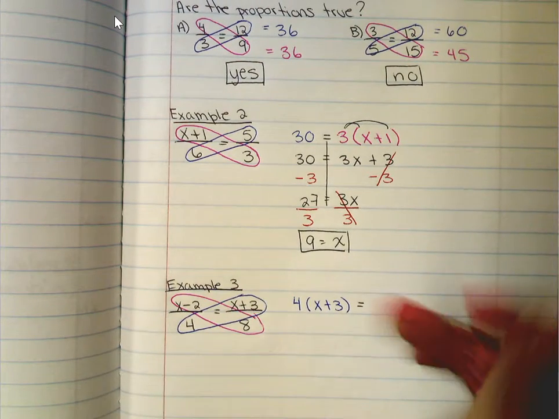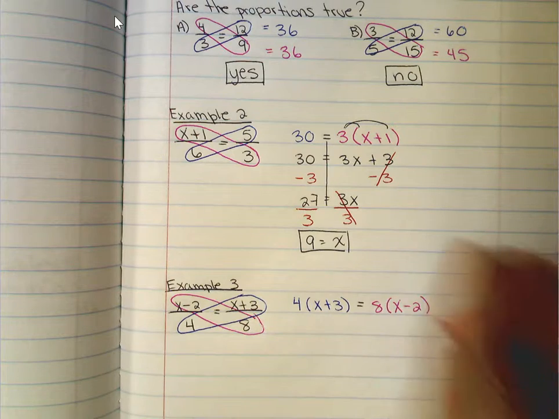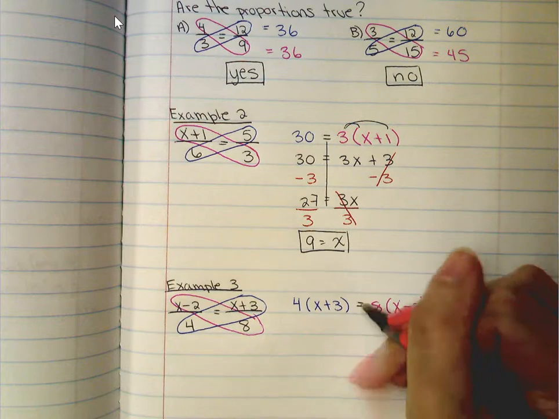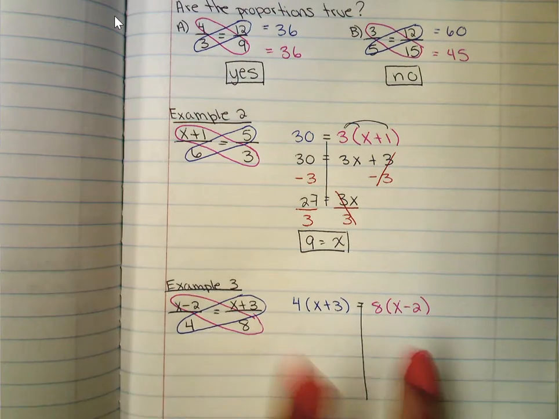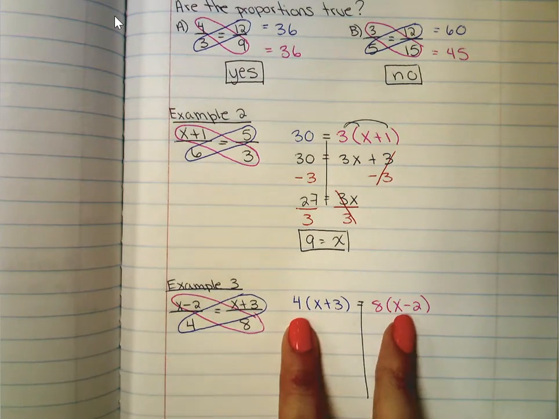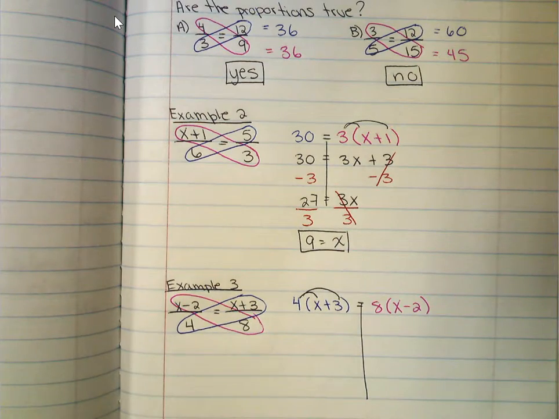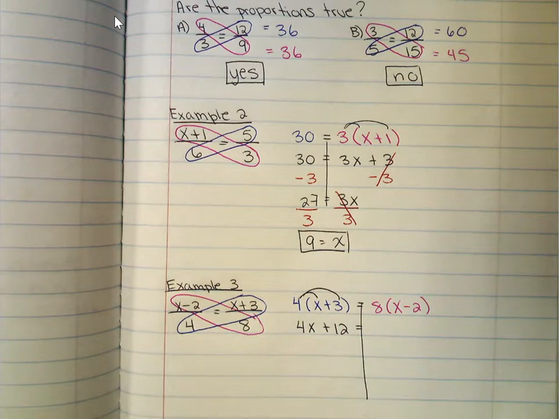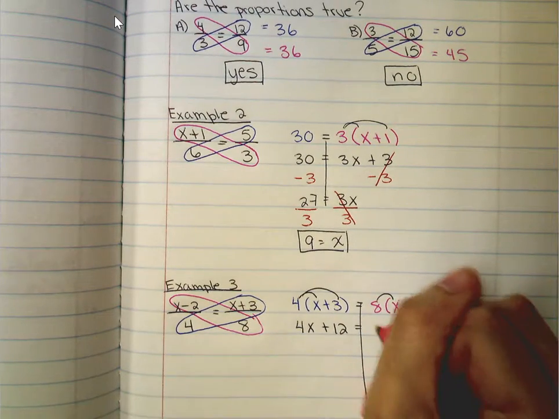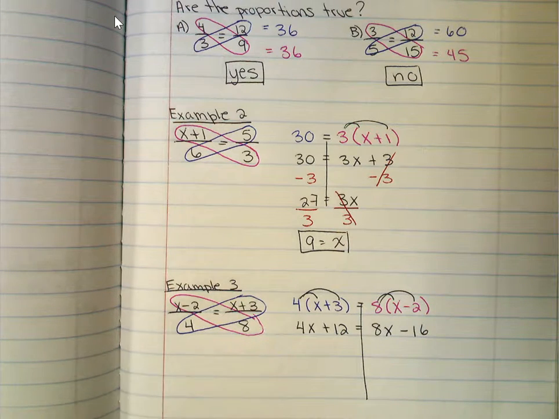That one is going to be 8 times (x minus 2). Same process, I'm just getting x by itself. I have parentheses on both sides now, so I have to distribute on both sides. So 4 times x and 4 times 3. That's 4x plus 12. 8 times x is 8x. 8 times negative 2 is negative 16.